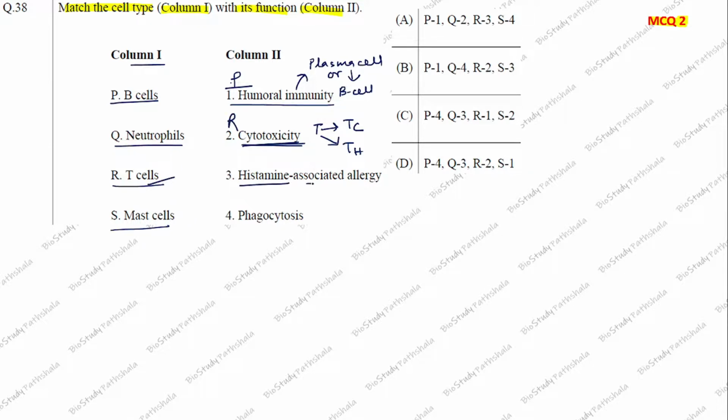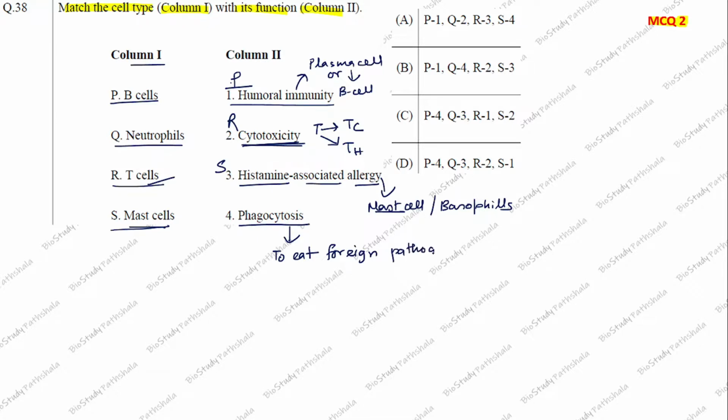Next is histamine associated allergy. Histamine associated allergy is related with mast cells or sometimes basophils. So in this question, mast cells are denoted. So option 3 will be for option S. And the last one is phagocytosis. Phagocytosis means to eat foreign pathogens or any foreign particle.